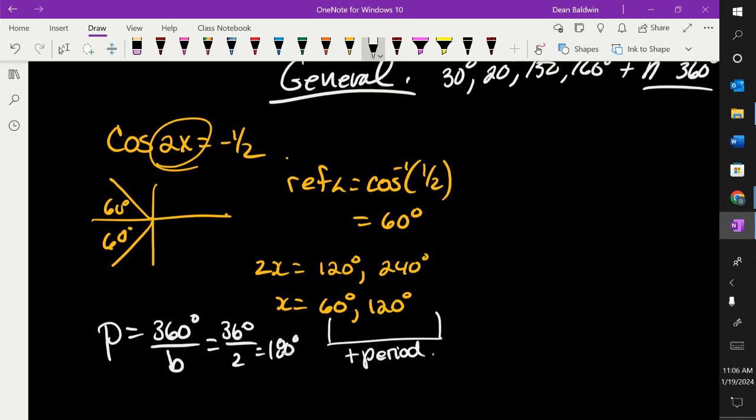So you add 180 to 60, and you get 240. Then you add it to 120, and you get 300. What happens if you add 180 to 240 again? You're over the domain restriction, which I didn't write, but would be from 0 to 360. Does that make sense? You remember doing those?